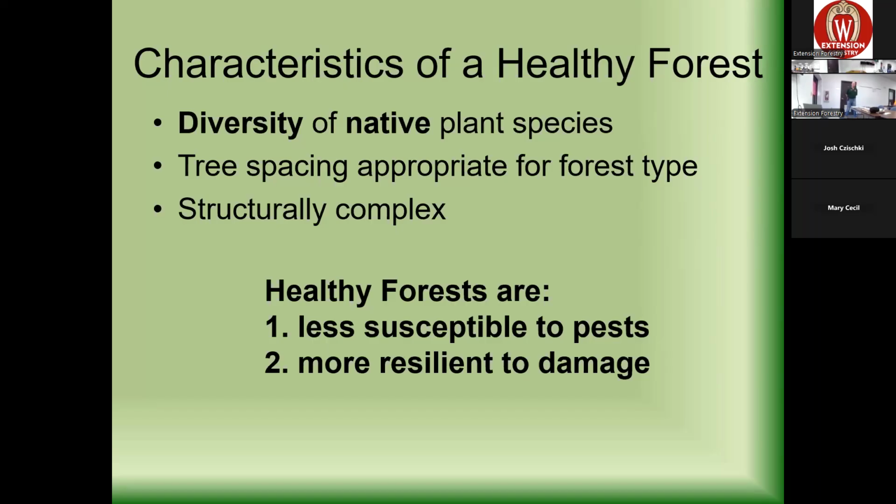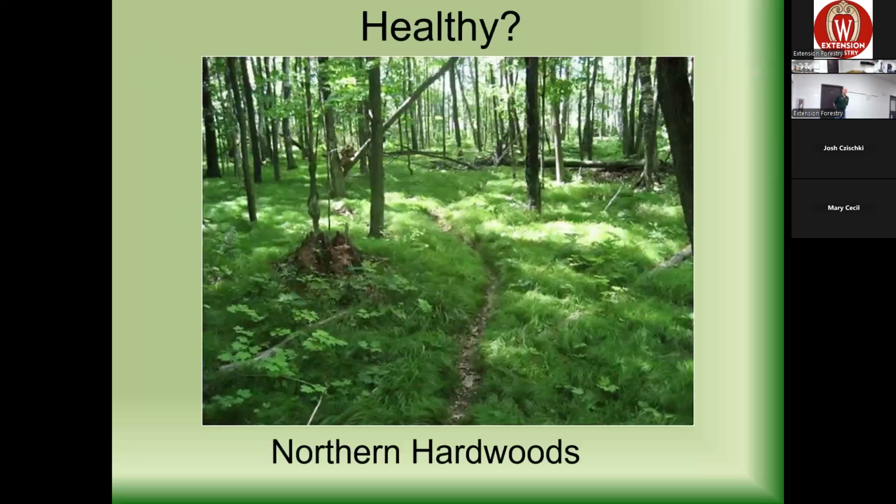Tree spacing appropriate for the forest type. So how are the trees arranged? And then how structurally complex is your forest? Do we have all just one size tree or multiple different age classes of trees? Healthy forests are going to make your forest less susceptible to pests and more resilient to damage. And we'll see examples of these as we go through it.